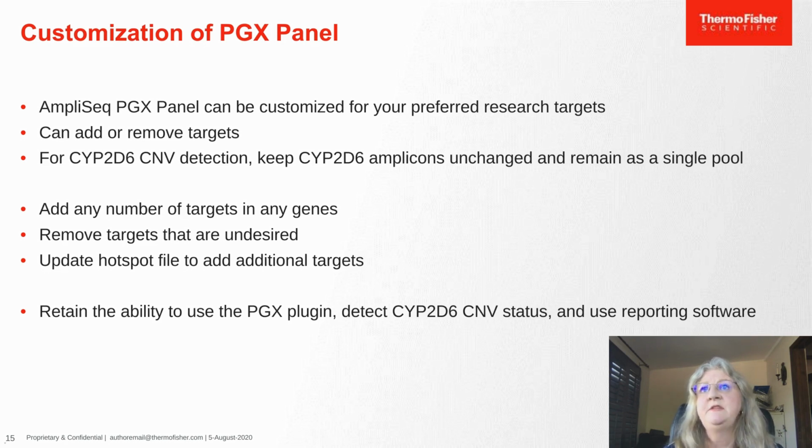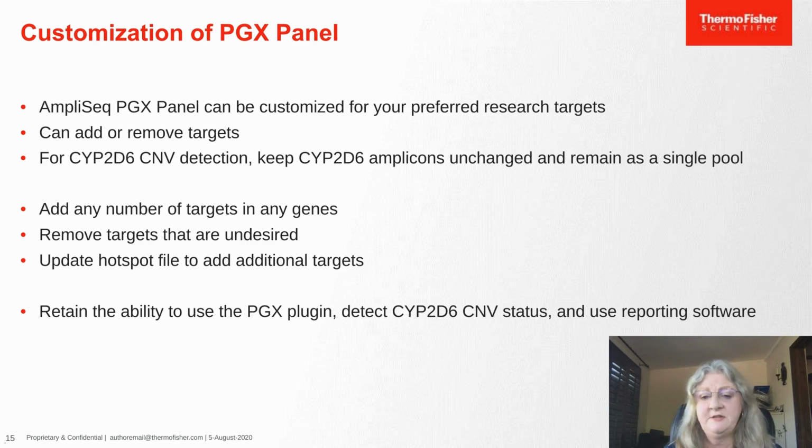In addition, we need the panel to remain as a single pool in order to do the CYP2D6 copy number variation detection. So if you want to do CYP2D6 copy number detection in this panel, those are the constraints. If you don't, the constraints are gone. And if you customize the panel in this way, you retain the ability to use the pharmacogenomics plugin with your customized panel.